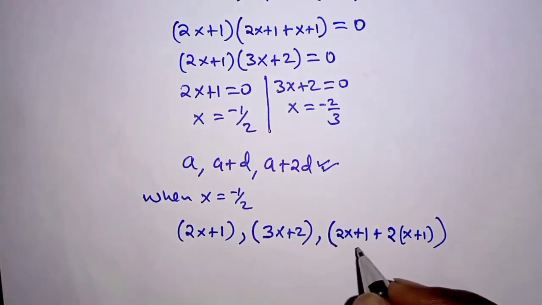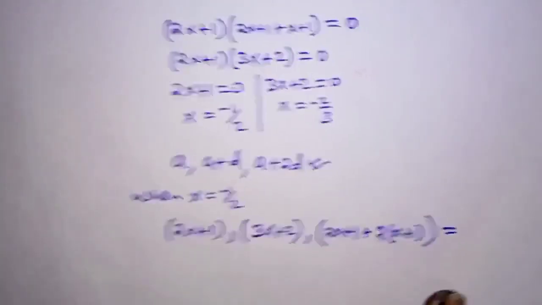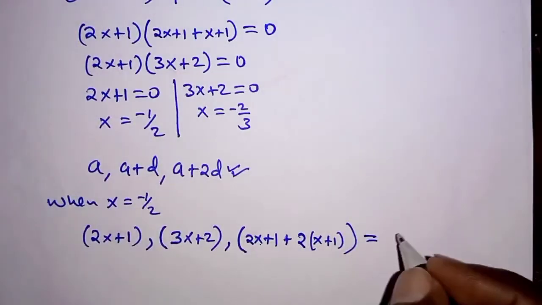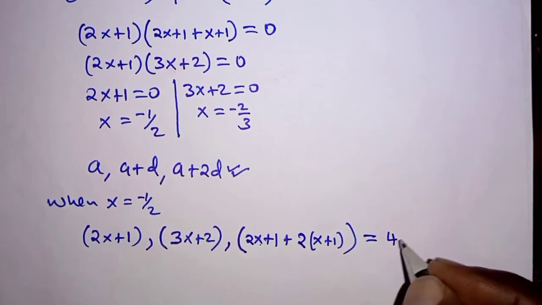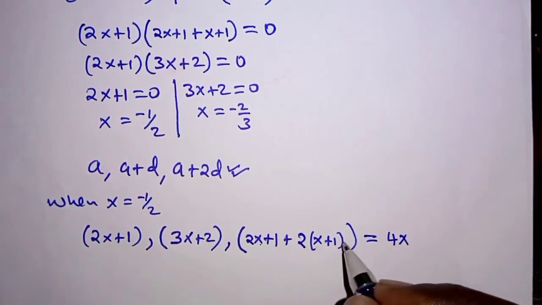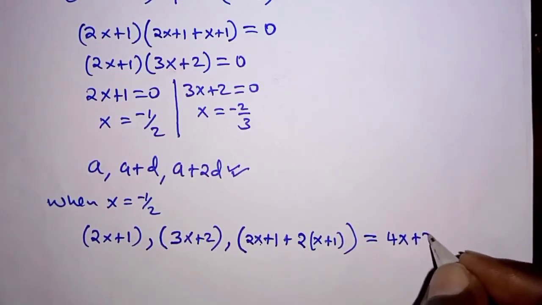This should be 2x plus 2x, that is 4x, then 1 plus 2, that is plus 3.